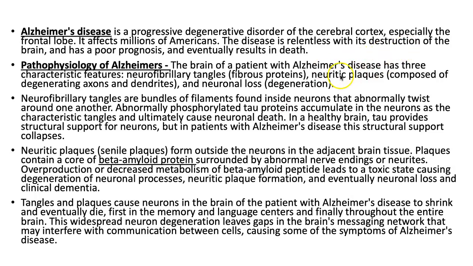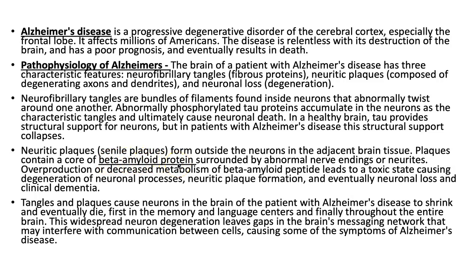At the same time, outside of the neuron, in that area where you have the neurotransmitter and the synapse going from one neuron to another, you have neuritic plaques, also called senile plaques, and they're due to a different protein that gets mutated, and that's beta amyloid.